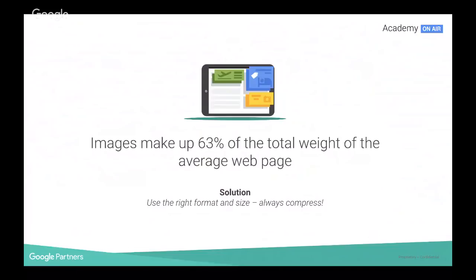And what we find is that often websites, like I said, have been designed in the past from a desktop-first approach. So you don't really care too much about what kind of size or how many pixels the images really take up. As vast as possible, as detailed as possible is the way you would like to go. But a lot of these images can actually be compressed without losing their quality.